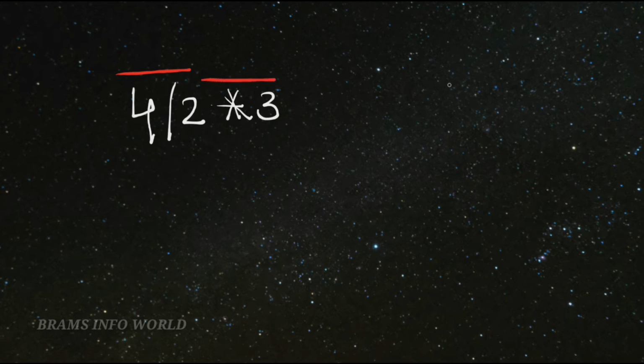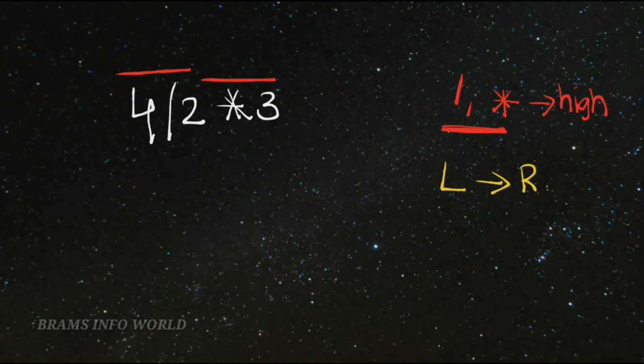Which has the higher priority? As I said, slash and star are both higher priority than plus or minus, but both are the same. When both operators have the same priority, there is an associativity, which is left to right evaluation.